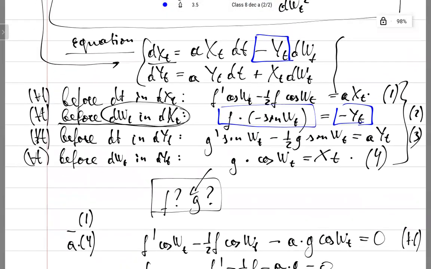Can we do better than that? Cosine. If we get there, yeah, I think that seems right. Xt, we know it. J cosine we plug in.